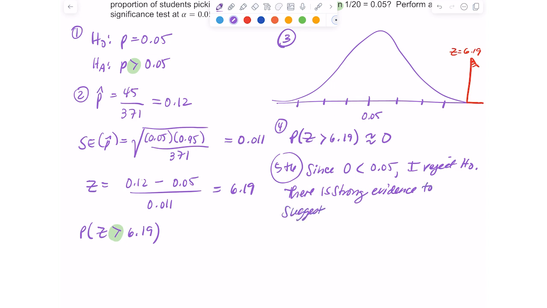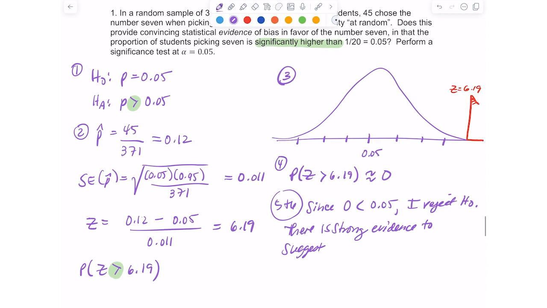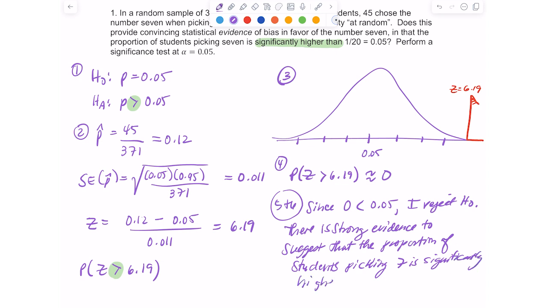That the proportion of students picking 7 is significantly higher. I mean, in our sample, 12% picked the number 7. So I would say that is significantly higher than 5%.